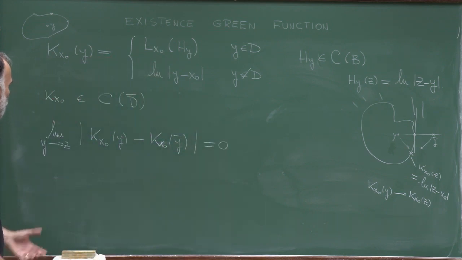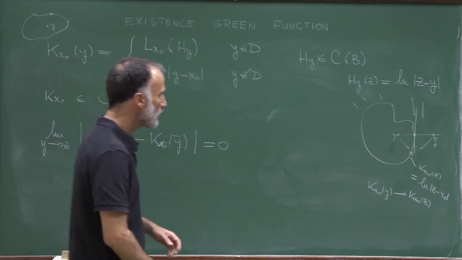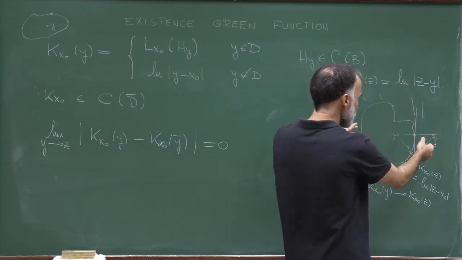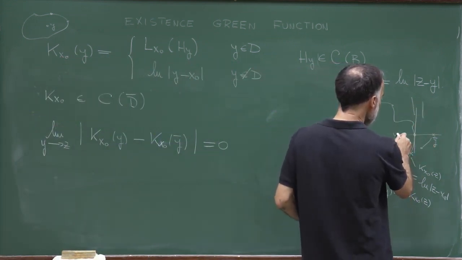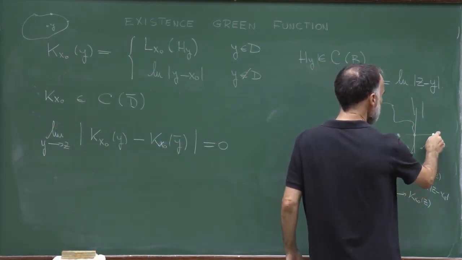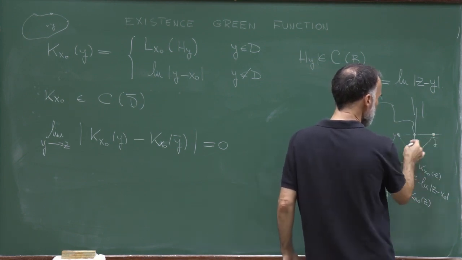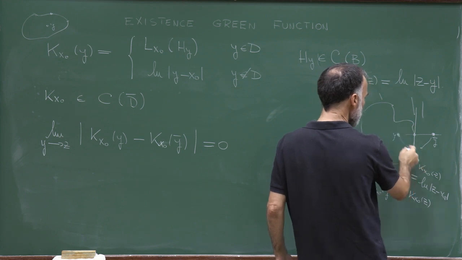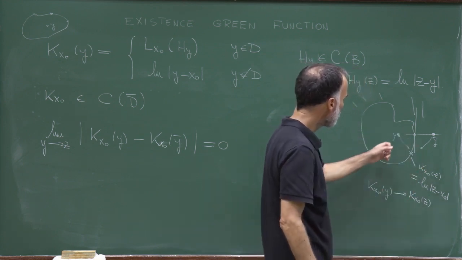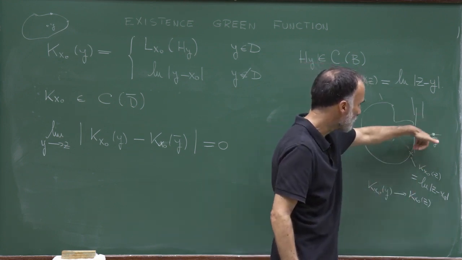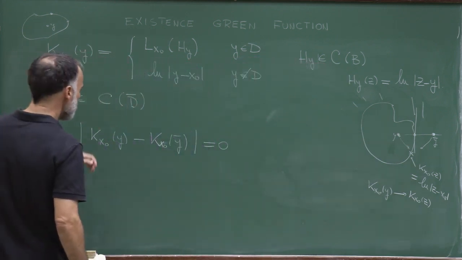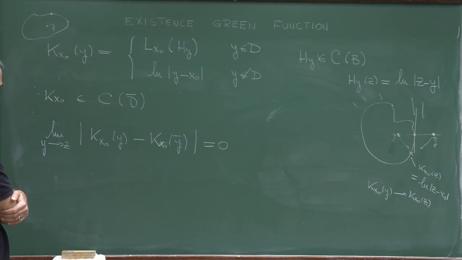So this is Lax's idea. In order to prove that you are continuous from inside, since we know that it's continuous from outside, let me compare the value of k at these 2 points. And if I can show that as y converges to z, the difference converges to 0, we know that k is continuous from the inside because k is continuous from the outside. So this is what we need to prove.